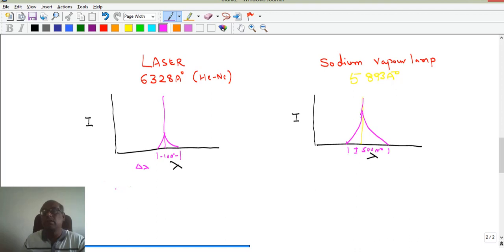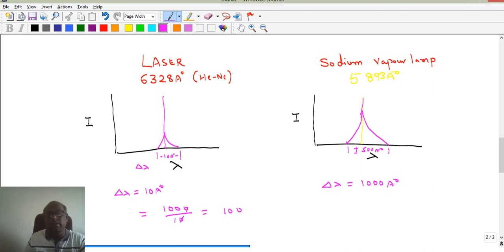So when you compare the line width, del lambda is 10 angstroms for laser, whereas del lambda is 1000 angstroms for sodium vapor lamp. So that means 1000 by 10. What is our conclusion?